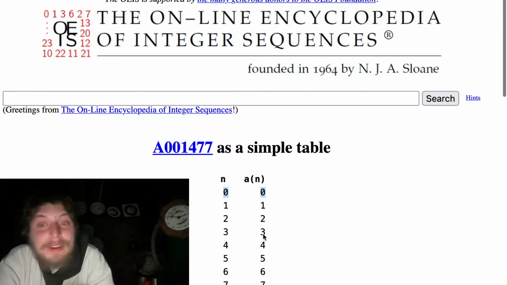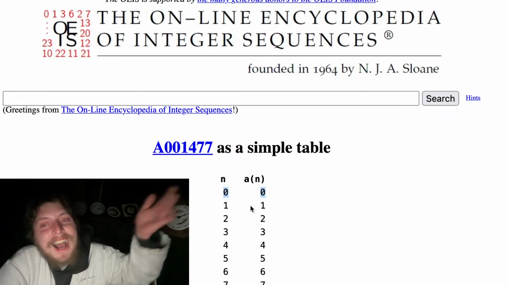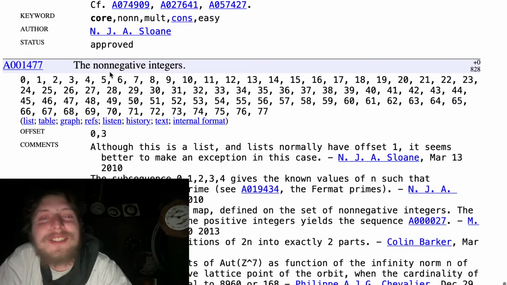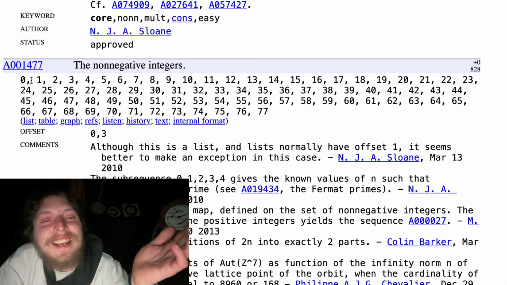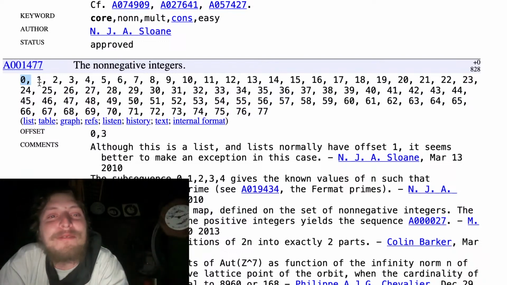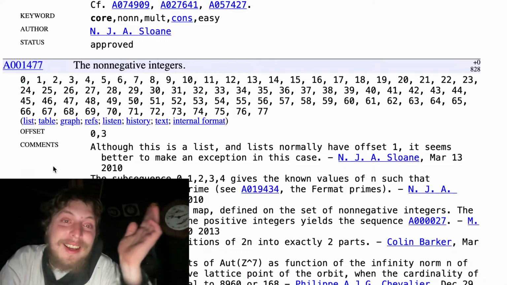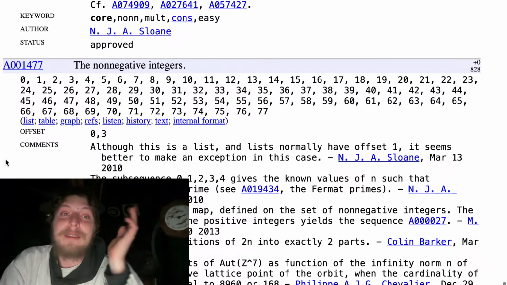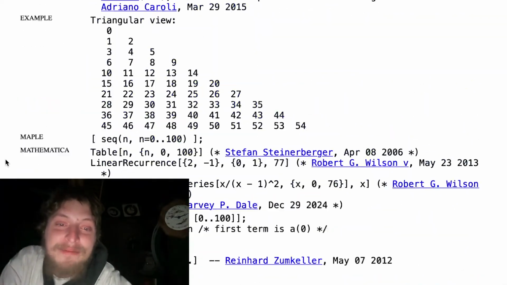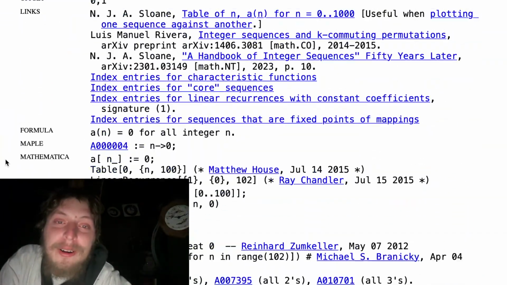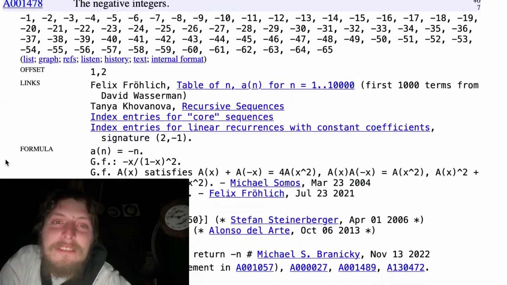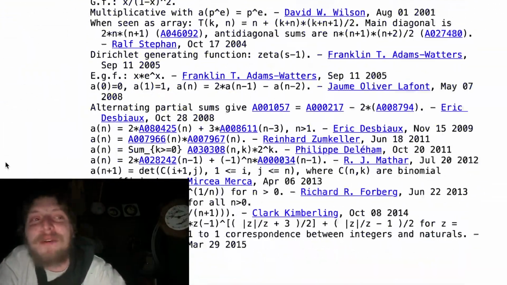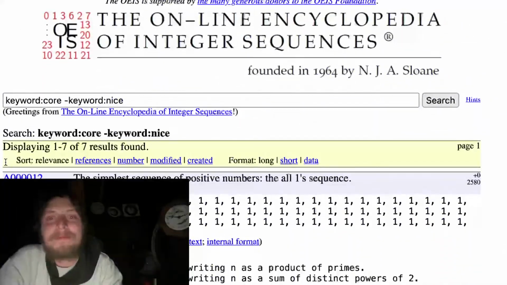So the rest, they don't even change the numbers. They just add a 0th term. I feel like those could have been one sequence, and they just say, ignore the 0th term if you don't want this. But I'm not Neil Sloane or his team, and they have some method to their madness. So the 0 sequence, the negative integers, those are the ones that are core but not nice.